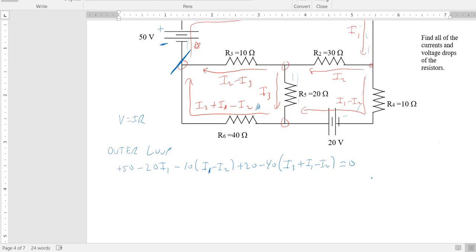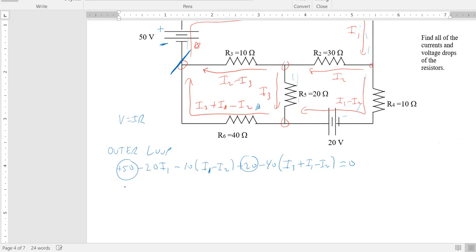Now, at this point, we're going to do a lot of algebra. I'm not going to belabor all the steps. If you put all your like terms together, all the I1 terms together, all the I2 terms together, etc., and then you move whatever doesn't have an I with it, the constant, which would be 50 plus 20, that'd be 70. You can also divide everything by 10.